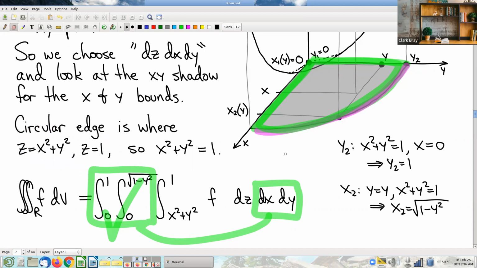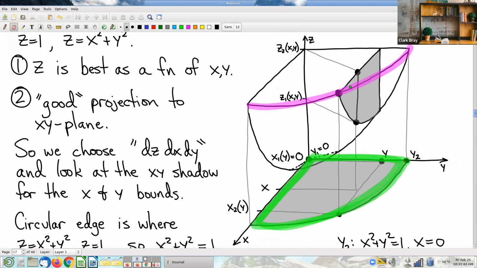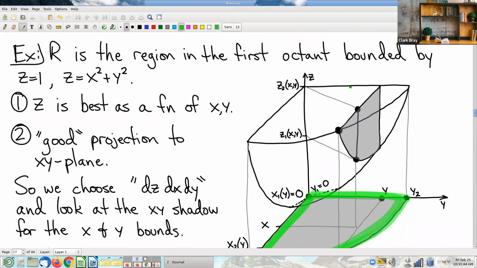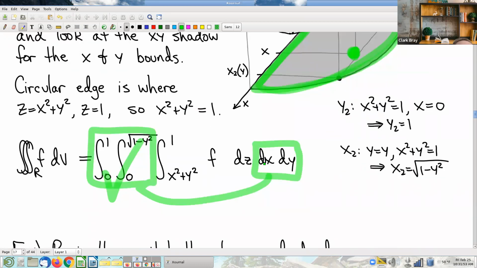Okay, so furthermore, the Z bounds are not going to be that much trouble either. And again, we've already observed this: if I look at some point down here in this projection, X and Y are fixed, because after all, I do know my X and Y bounds. When I'm trying to find my Z bounds, X and Y are now fixed.